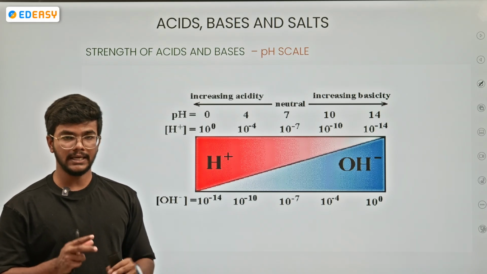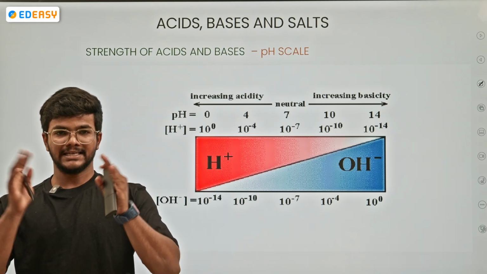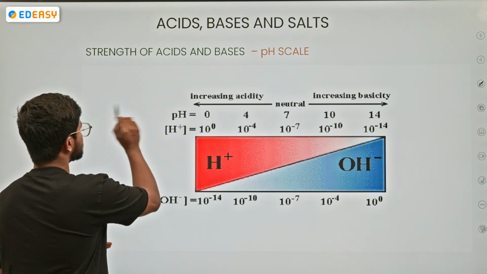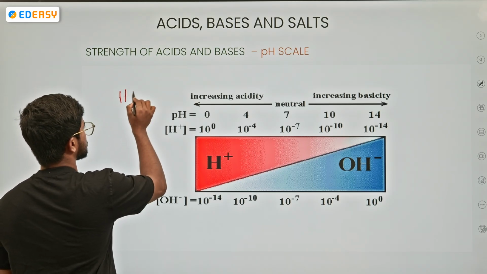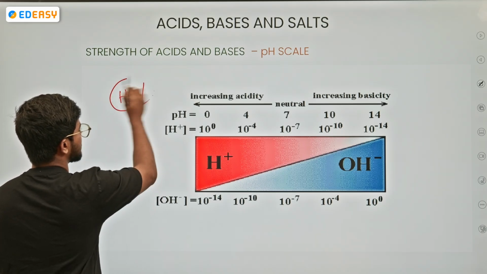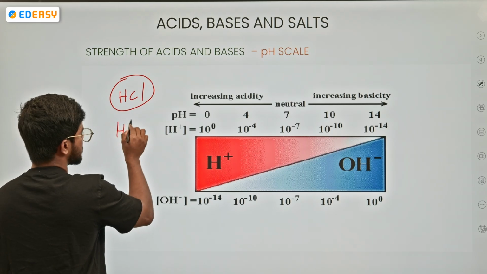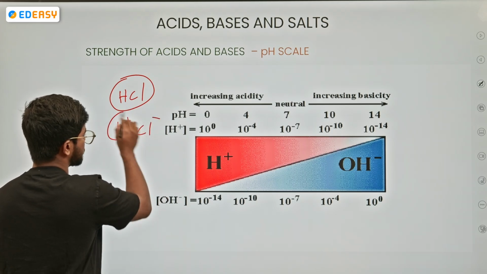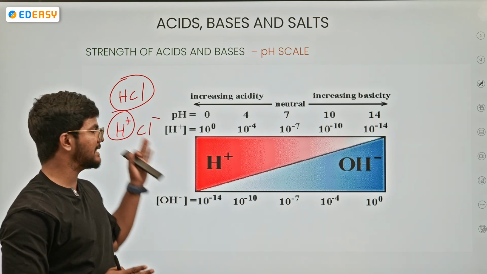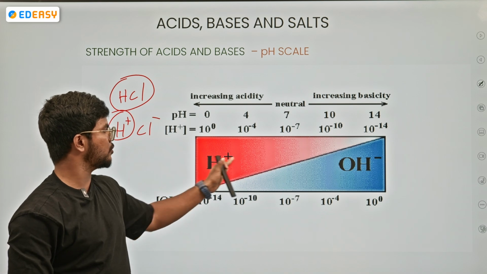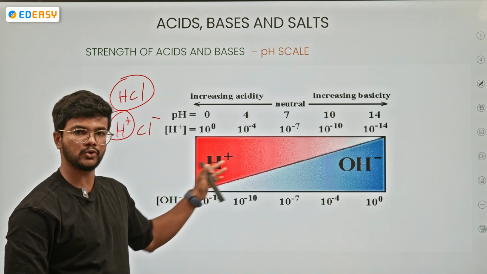Let us assume a solution of HCl. When HCl is dissolved in water, it gives H plus and Cl minus. Here the H plus concentration is more, so that gives a value between 0 and 4.